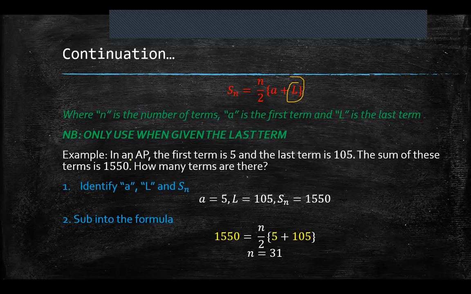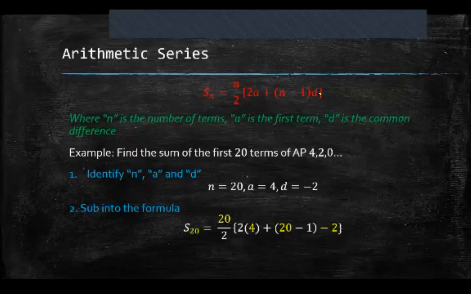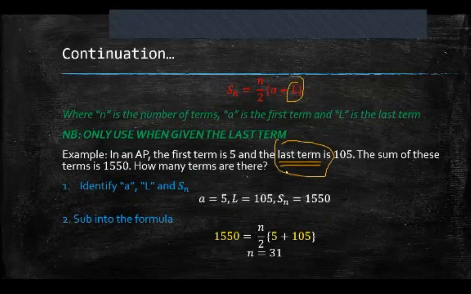So, example, in an AP, the first term is 5 and the last term is 105. Unless they actually state the last term is whatever, don't use this formula. If they didn't say this, just use the other formula.